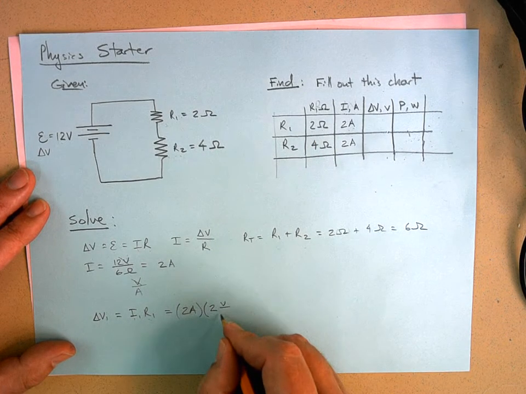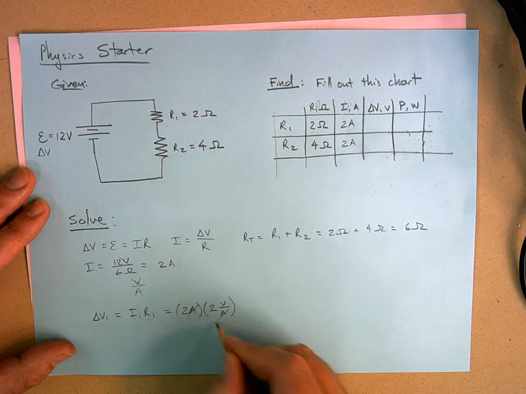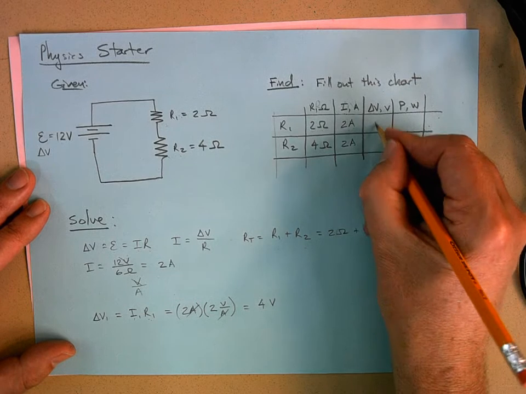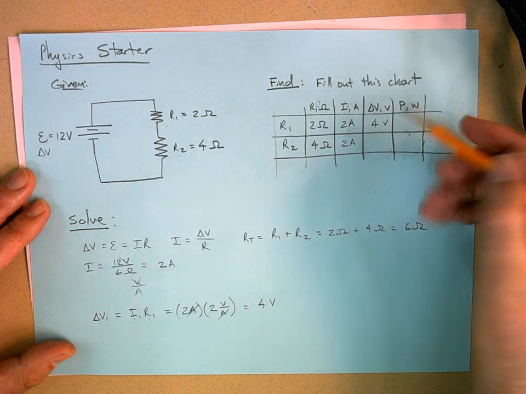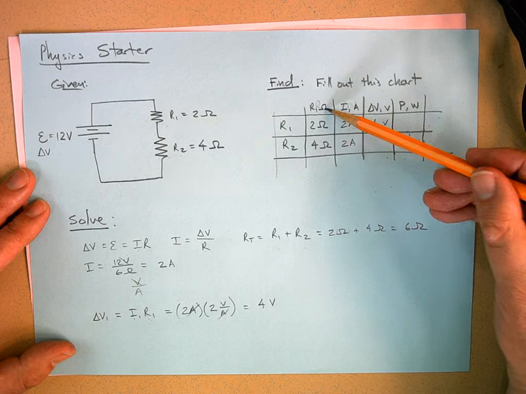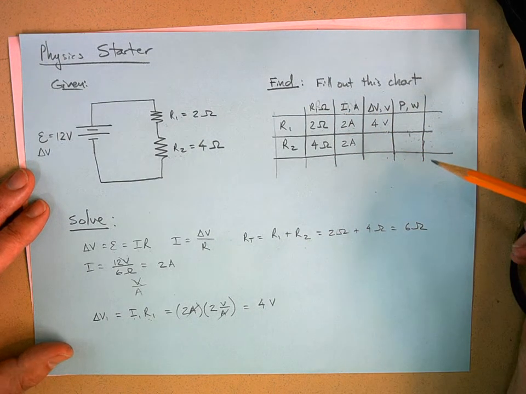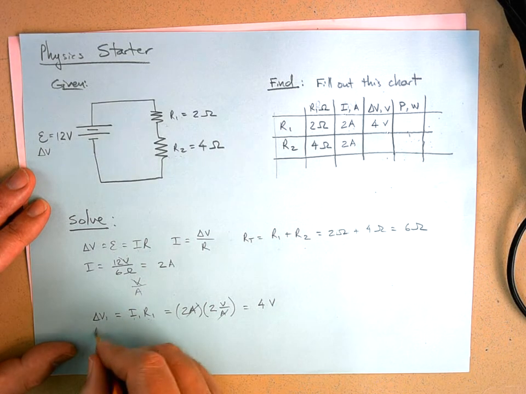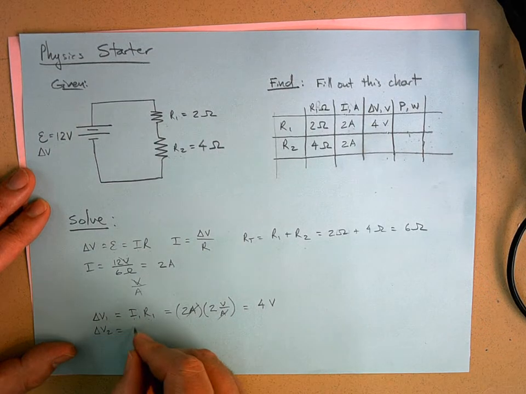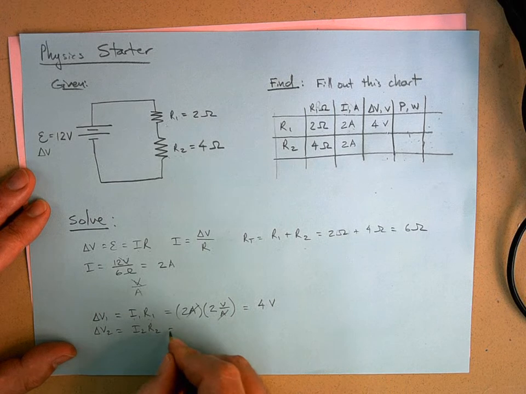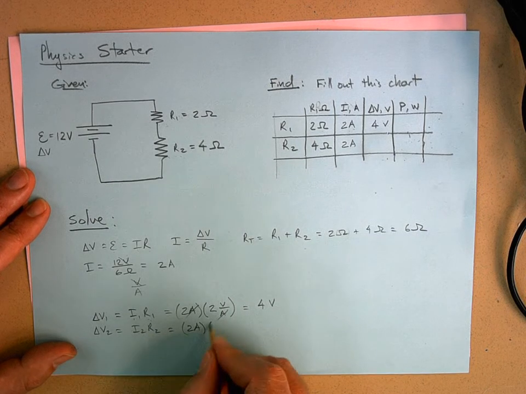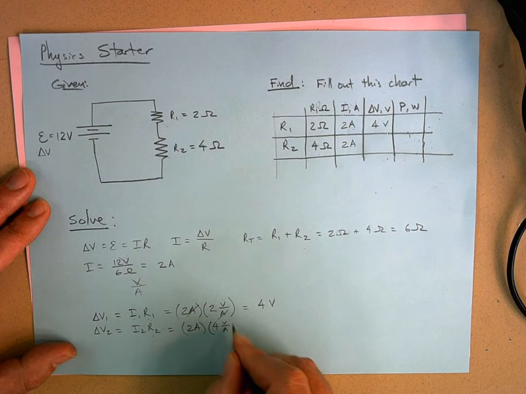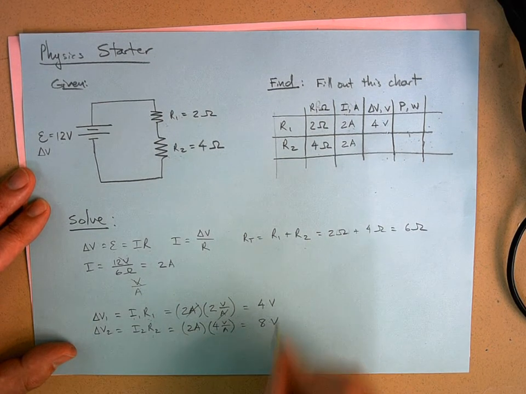An ohm is a volt per amp. So this is 4 volts. Now R2, V2, I can do it the same way. Four volts per amp, and you'll get 8 volts.